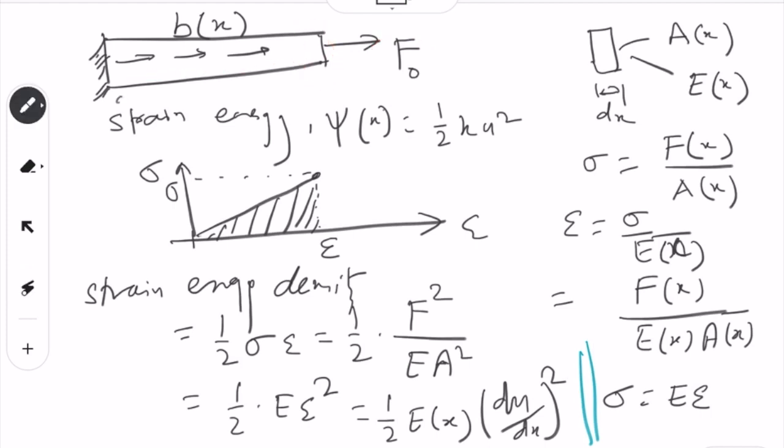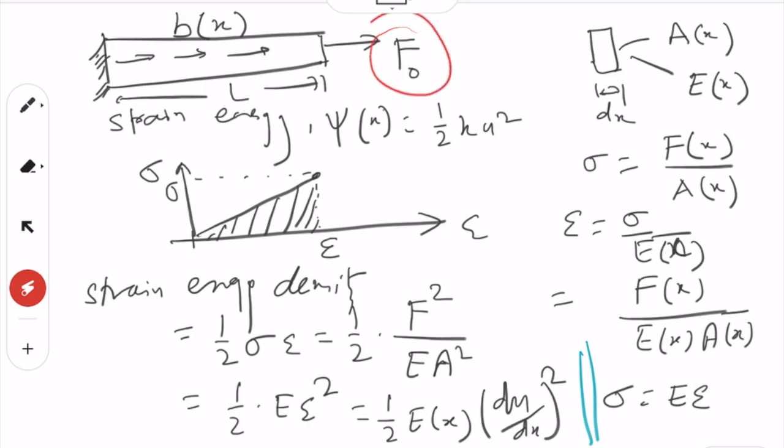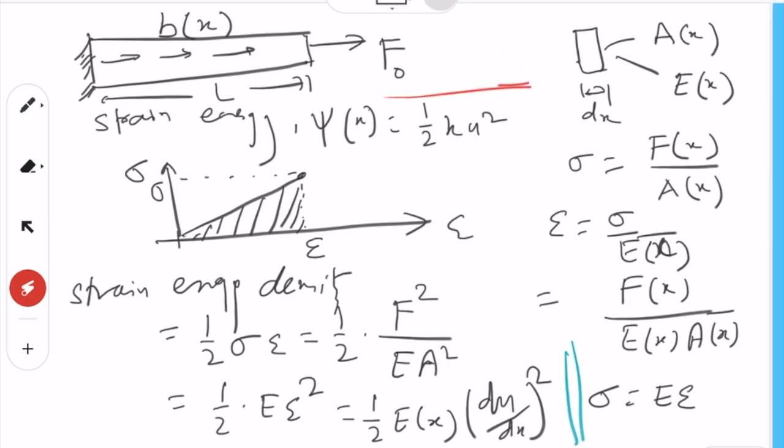Also I write the length is L. So the work done by this end force will be equal to F naught multiplied by U at L. This will be the force.